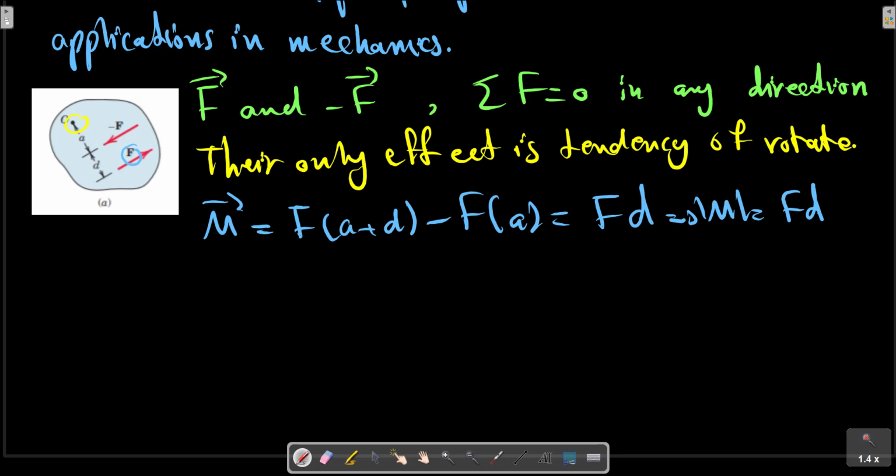Its direction is counterclockwise when viewed from above for the case illustrated.